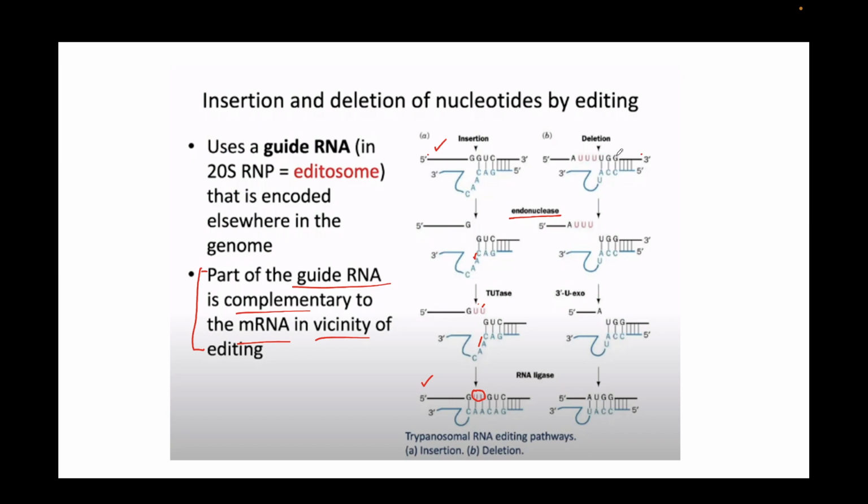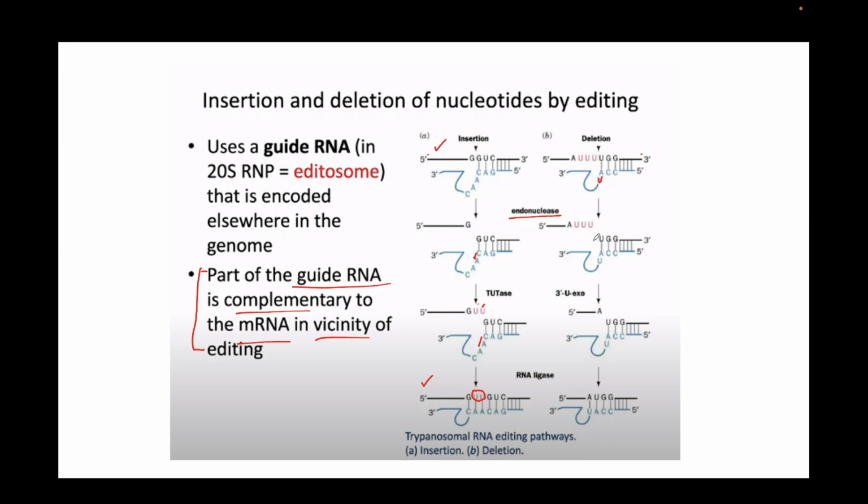Here the target sequence is UGG. For that I will make one guide RNA like this. G will pair up with C, then U will pair up with A. So this one is forming 3 hydrogen bonds. Now if you see, there is already a single U present, and there are no nucleotides in between them.